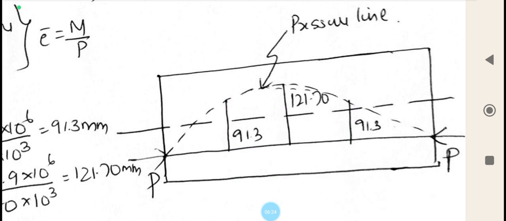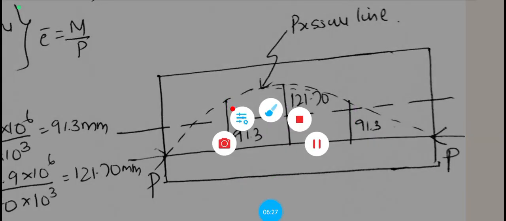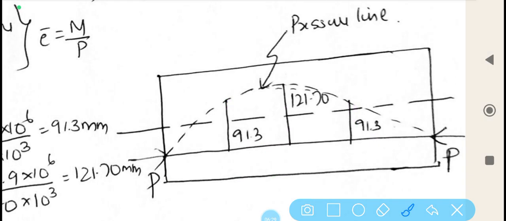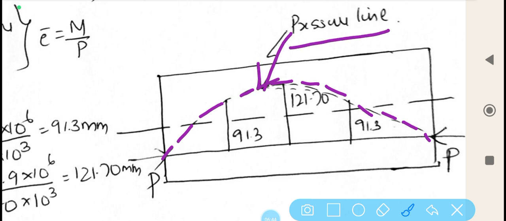So after measuring we need to connect everything with a dotted line, which is the most common method of representing the pressure line. So I am going to connect everything with respect to the cable position, and this represents the pressure line. This is how we normally plot the pressure line, and this is exclusively for the straight cable.